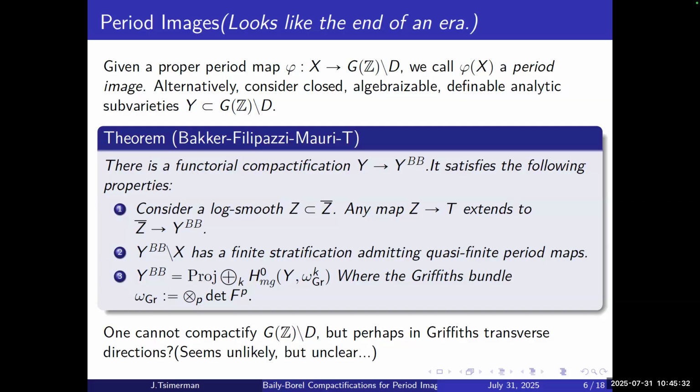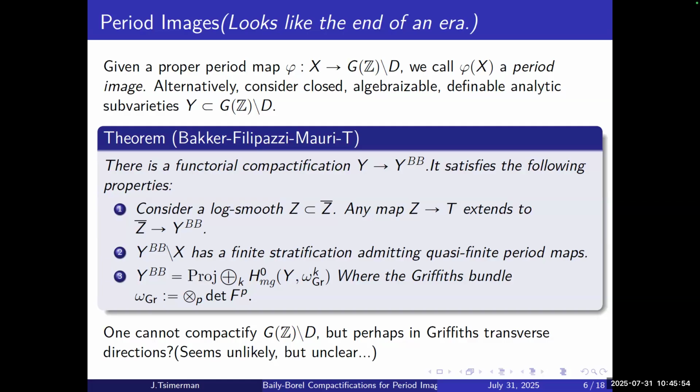The complement of Y in the Baily-Borel compactification has dimension greater or equal. The question was, is the complement of Y inside the Baily-Borel compactification of codimension at least two? But even for elliptic curves, you get points, right? Oh, you mean for Shimura varieties?